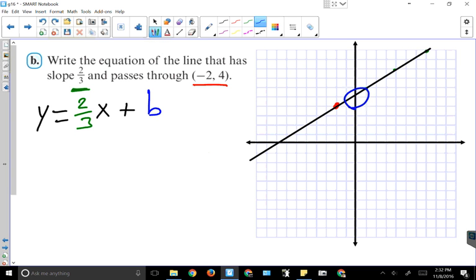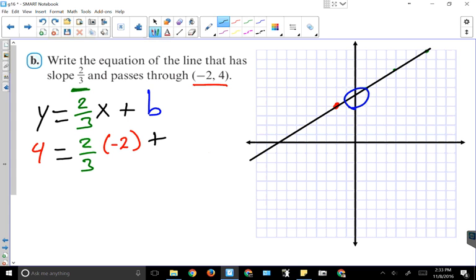Because you know how to take algebra with one variable missing and solve for it, right? So what happens here, I'm going to put in my number for Y. Do I have a number for Y? 4. Okay. It's going to be equal to, and I still have my 2/3. Do I have a number for X? -2.